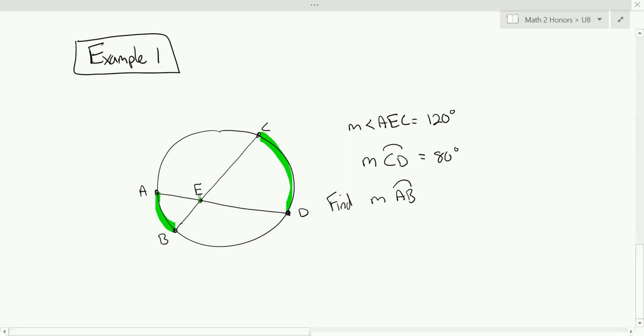And we're given an angle here. Call that X. And this angle right in here is 120. How do we find X? What do you find first?